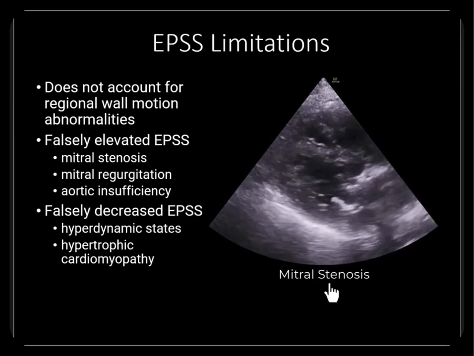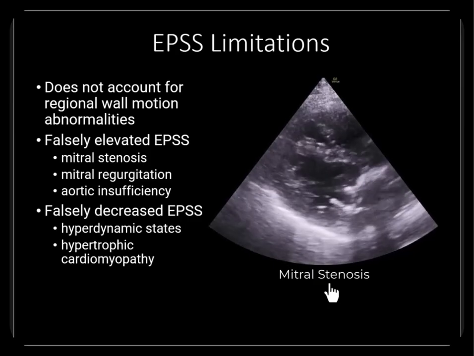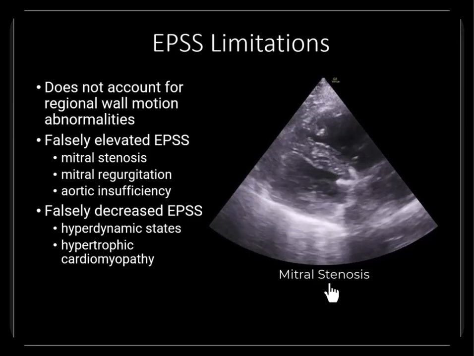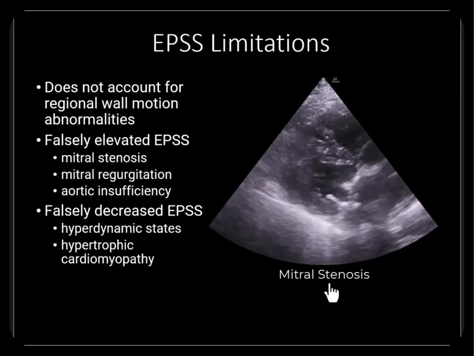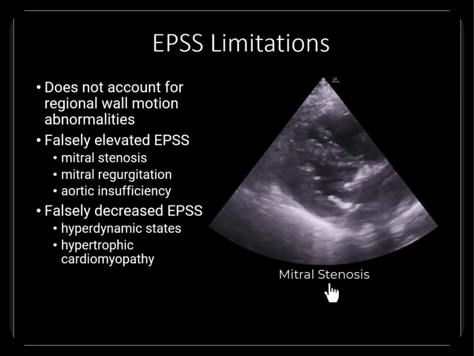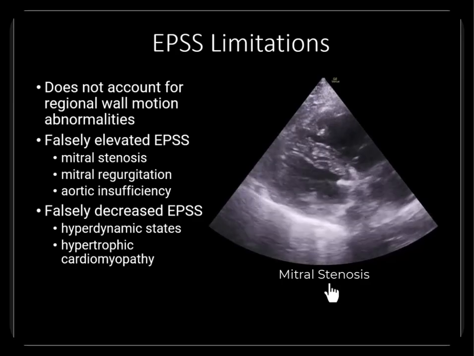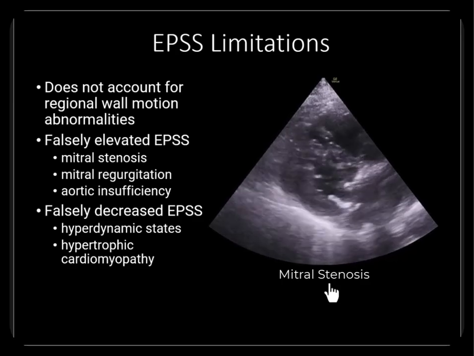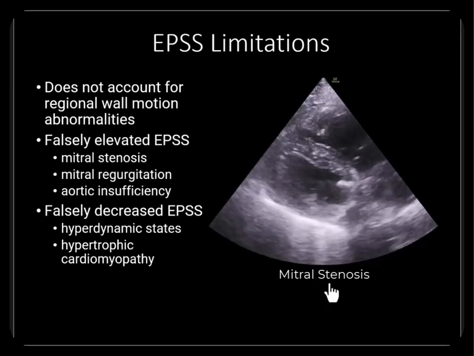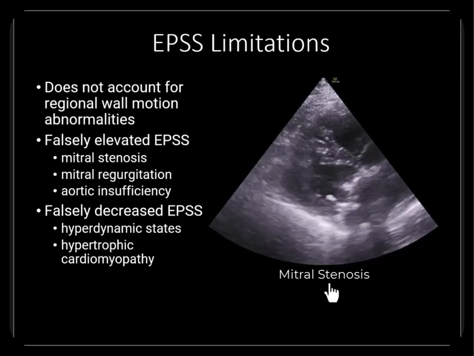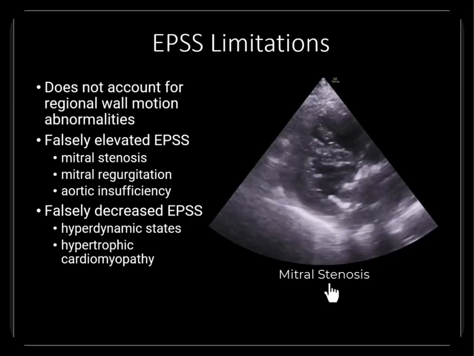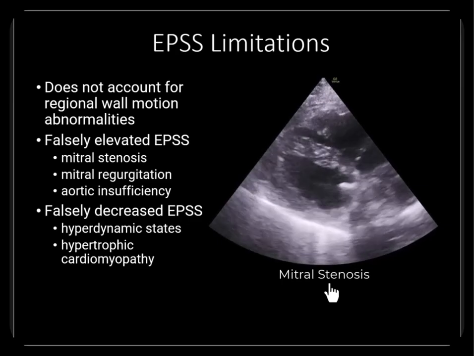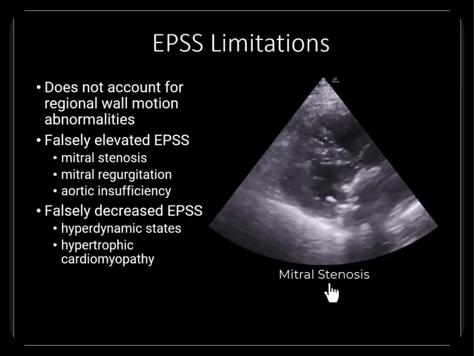You can also have an elevated measurement with mitral regurgitation. Think about that backward flow of blood from the left ventricle to the left atrium during systole. It prevents the mitral valve from closing properly. And this can affect movement of the anterior leaflet, making it less mobile and limiting its ability to reach the septum. Aortic insufficiency can also cause a falsely elevated EPSS.